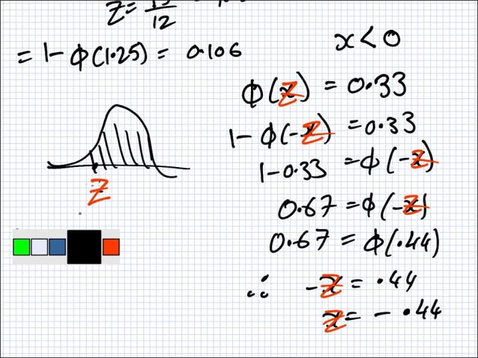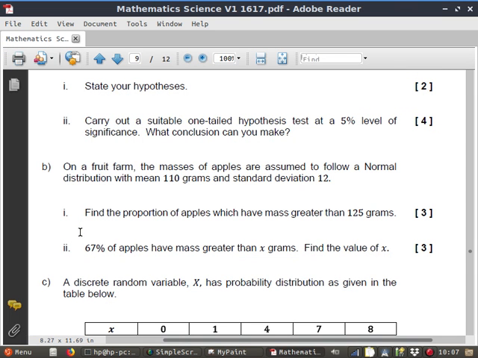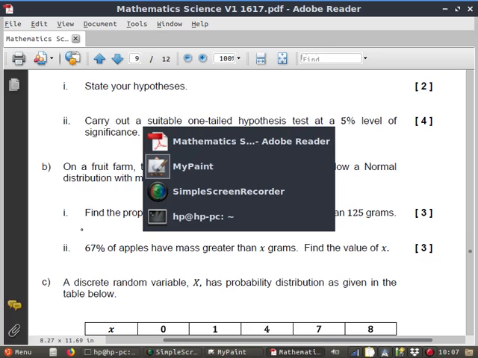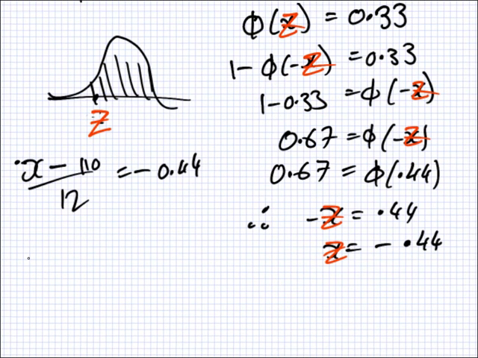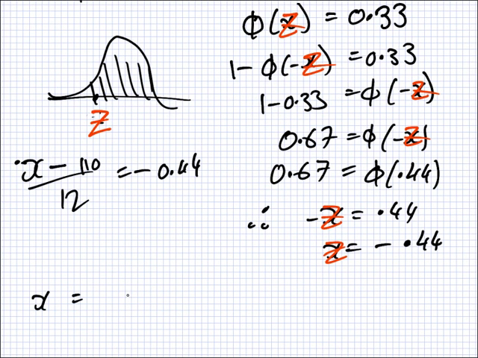It's the table book value. And you have the formula Z equals X minus mu, over sigma. What's mu? 110 over 12. That should equal minus 0.44. So that means X would equal minus 0.44 times 12 plus 110. What do we get?